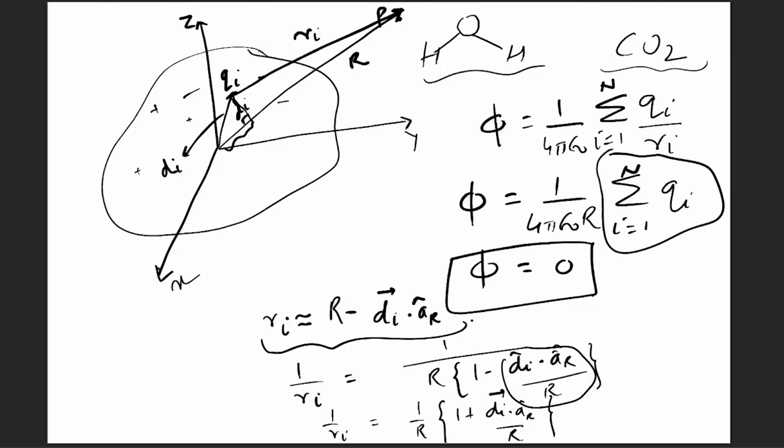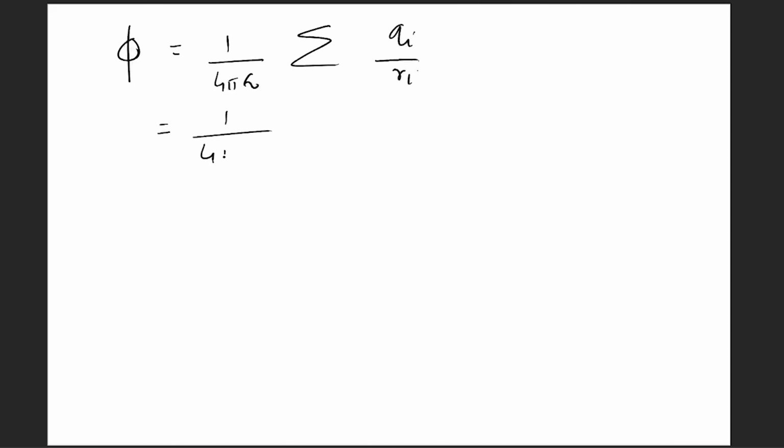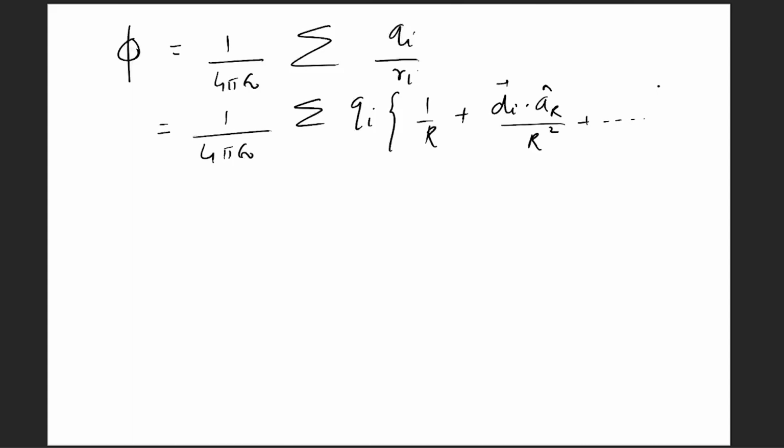Now continuing this in the next slide, we can see that the potential at this point P is 1 by 4 pi epsilon naught summation Qi over Ri, and we know that I can write 1 by Ri as Qi times 1 by r plus di dot ar over r squared, and further more terms.